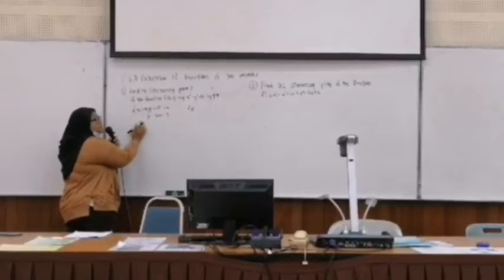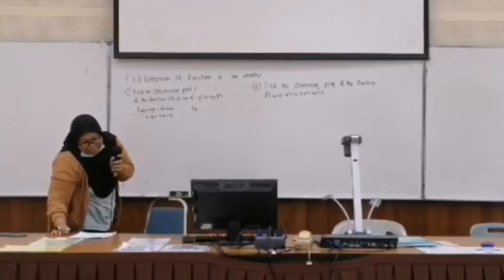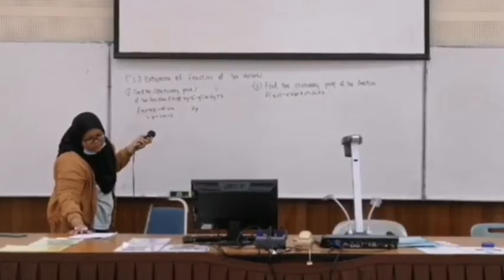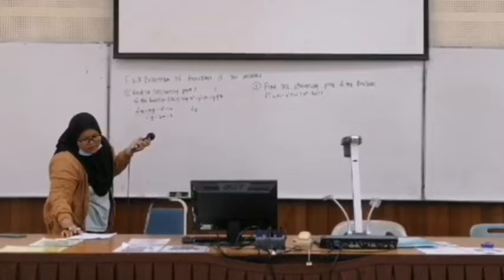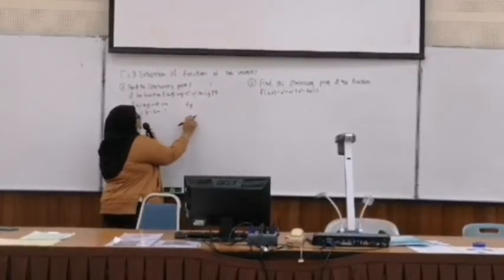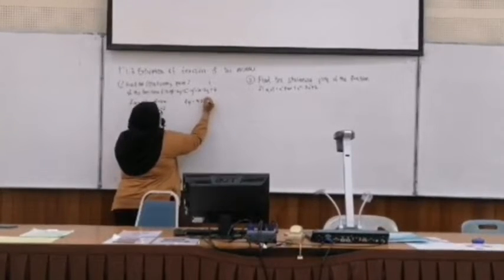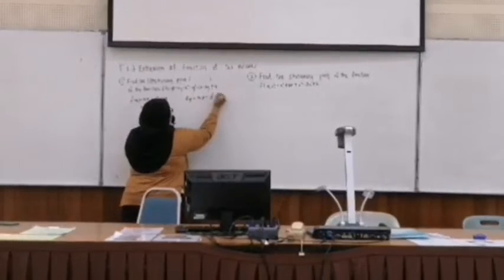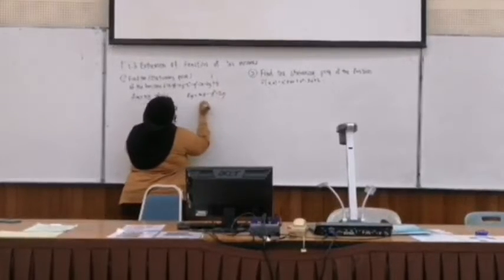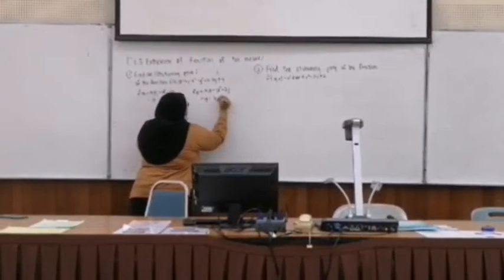So this is the fx. We find fy. For fy, we have xy, minus y^2 and minus 2y, so we will get x minus 2y minus 2.